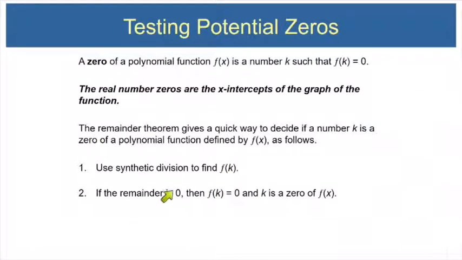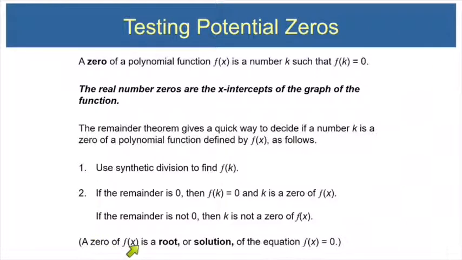If the remainder is 0, then that means f of k equals 0, and that means that the number k is called a zero of that polynomial. If the remainder is not 0, then k is not a zero of our function. So it's pretty easy, right? If we do the synthetic division and the remainder is 0, then the number we're working with is a 0. If the remainder is not 0, then the number we're working with is not a 0 of the function.